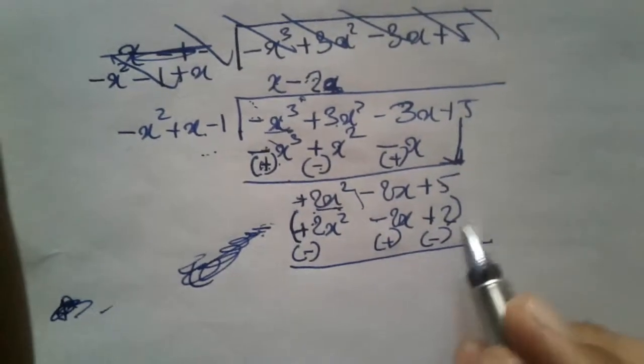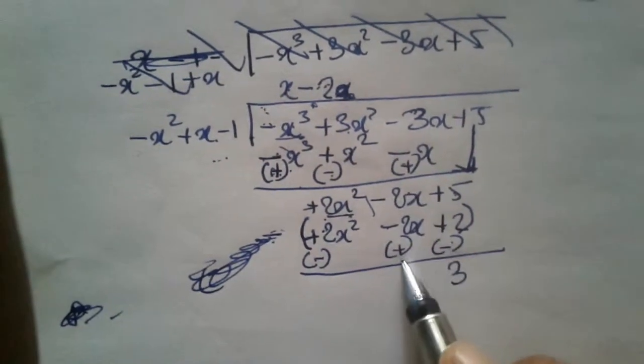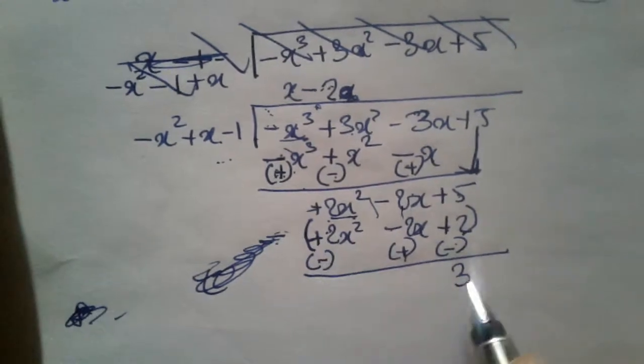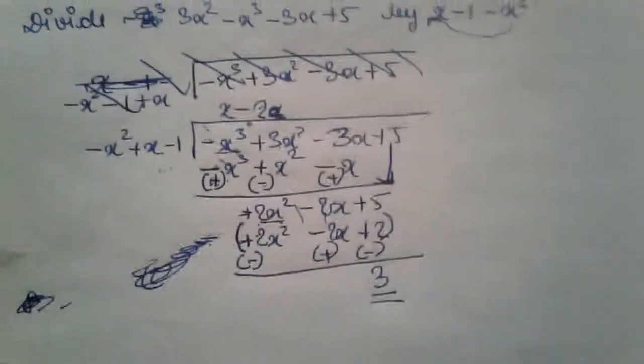Alright, now let's subtract. We get 3 here, this 2 gets cancelled off, so does that. So that means the remainder is 3. I'm sorry, it's because of the wind over here.